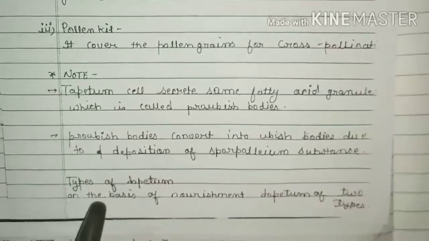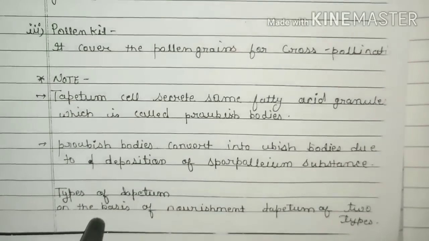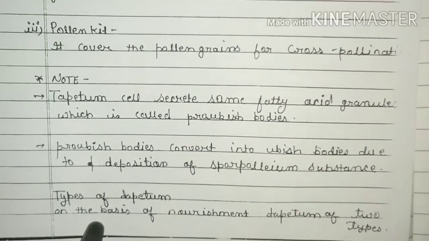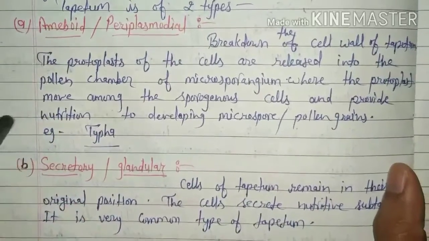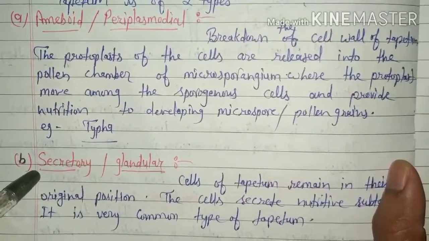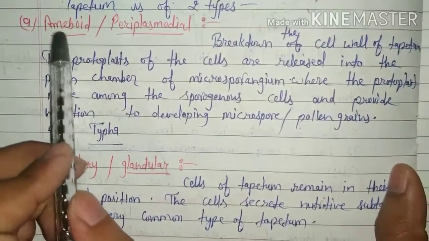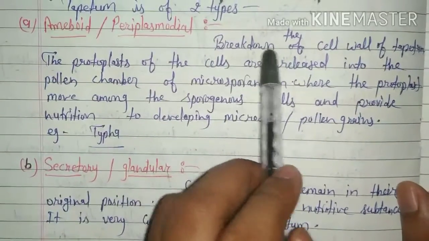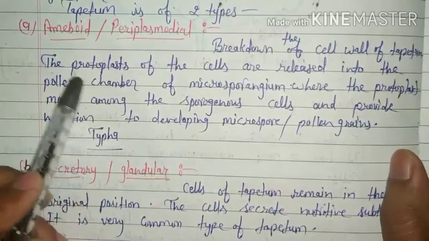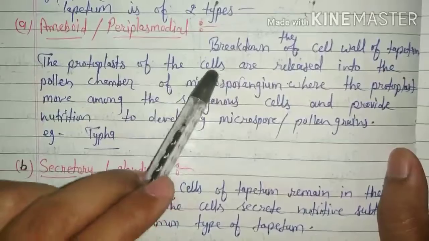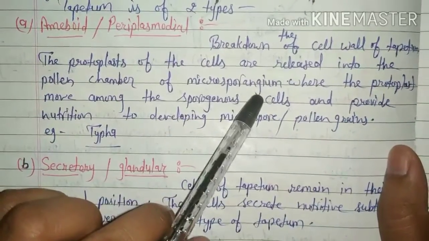Now, types of tapetum. On the basis of nourishment, tapetum is of two types: first, amoeboid, and second, secretory or glandular. In the amoeboid type, the cell wall of the tapetum breaks down and the protoplasts of the cells are released into the pollen chamber of the microsporangium.